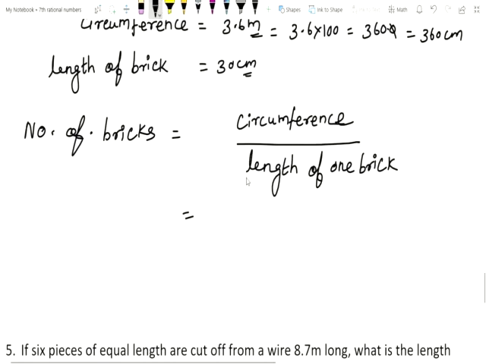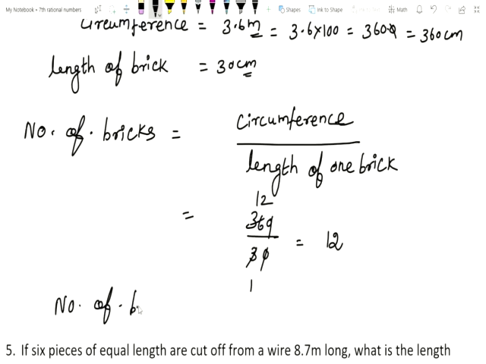So now divide this here. 360 divided by 30. 0, 0 cancel. 3 ones are 3. 3 12s are 36. So 12. Number of bricks equal to 12. Do you understand, children? The next question.